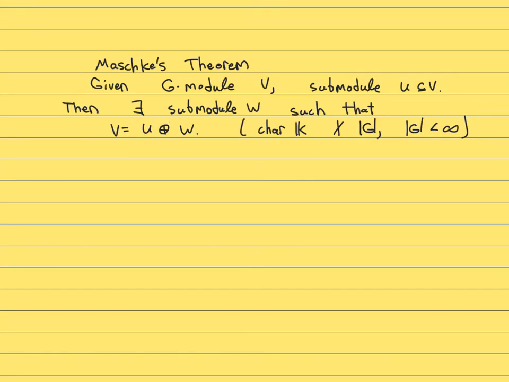So I remember mentioning before, one of the ideas is that once you've got this submodule U, if you pick a basis for U, then you could get the corresponding matrices.